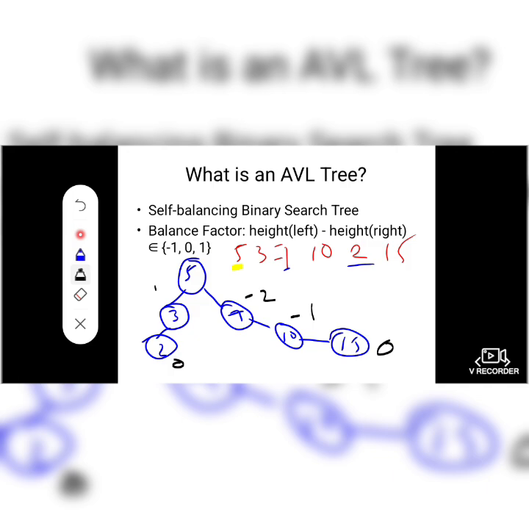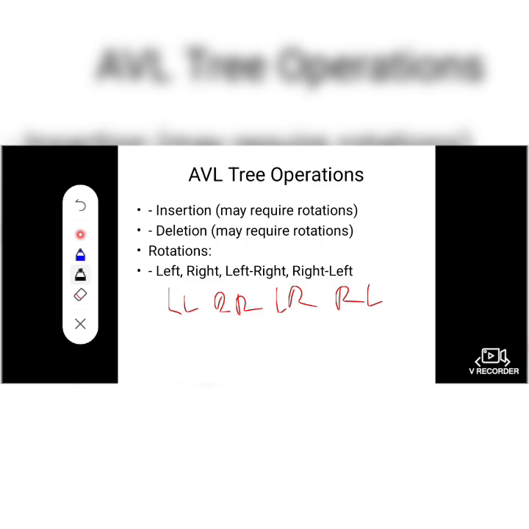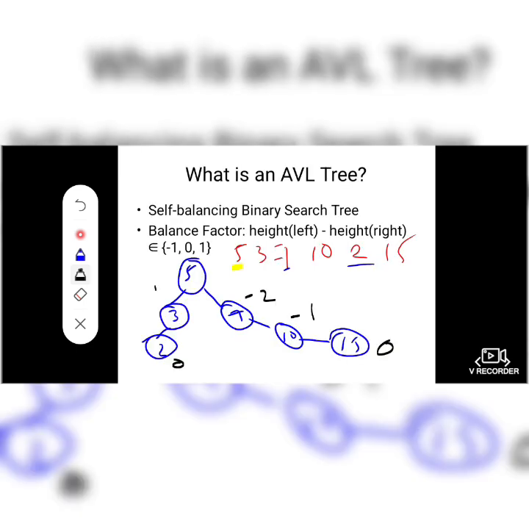We have four types of rotation: left rotation, right rotation, left-right, and right-left. Which rotation we have to perform is the most important thing here. It is unbalanced at a right node, so we perform a left rotation.